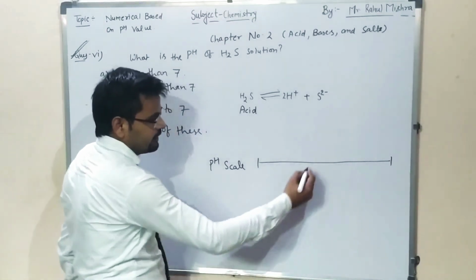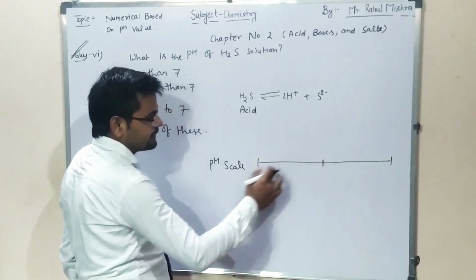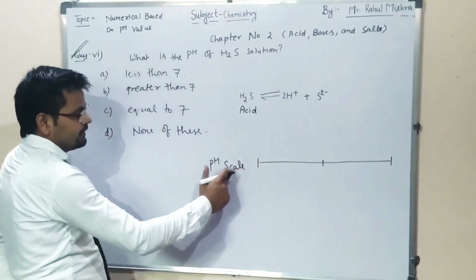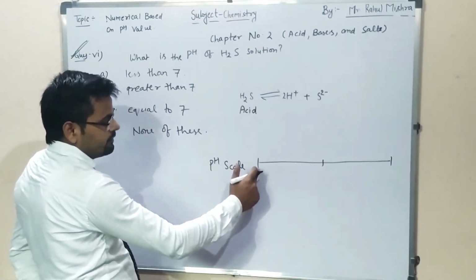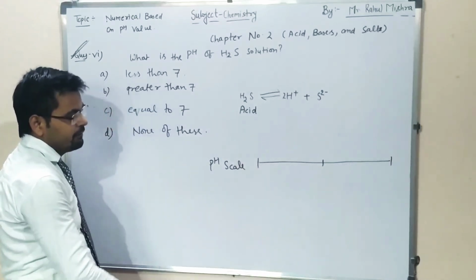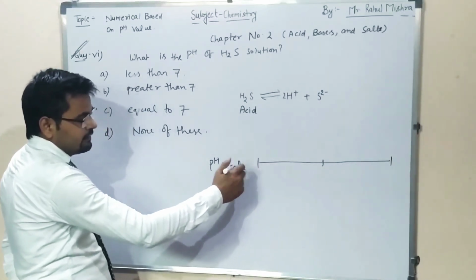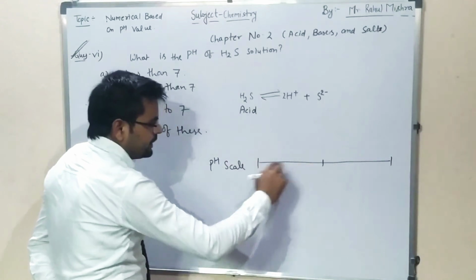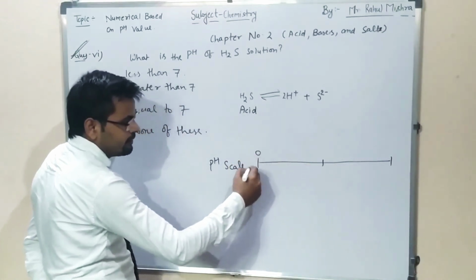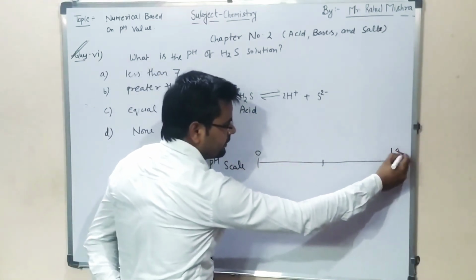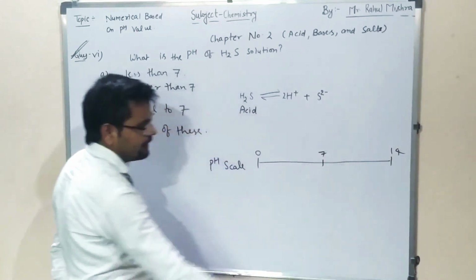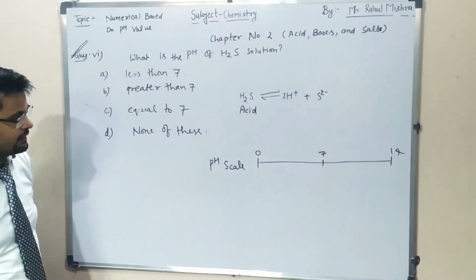So listen, we all know that in the case of the pH scale, there are pH values. यहाँ पर कुछ pH values mentioned होती हैं from 0 to 14. At the center, pH 7 exists.